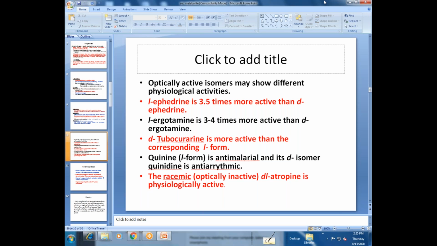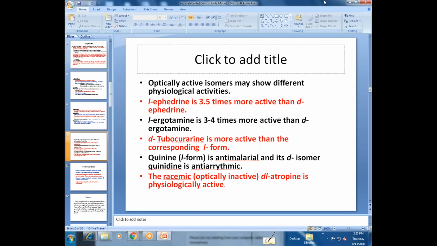L-ergotamine is 3 to 4 times more active than D-ergotamine. Dextrotubocurarine is more active than the corresponding L form. So quinine, the levo form, is antimalarial, whereas the dextro isomer, which we call quinidine, is an antiarrhythmic.